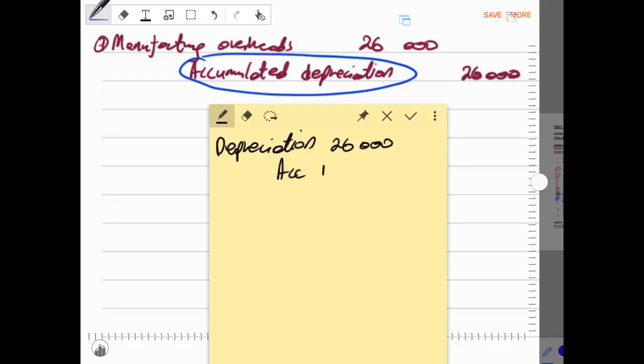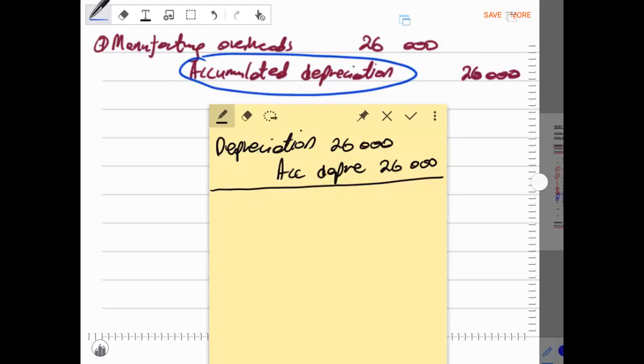Then I would have credited accumulated depreciation by 26,000 rands. This is what was initially done from the accounting perspective. Now, at the end of the accounting period, remember that depreciation gets to be closed off. And from the accounting perspective, we normally close it off to profit and loss.